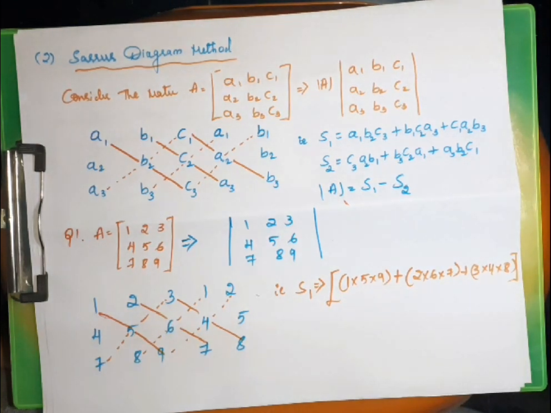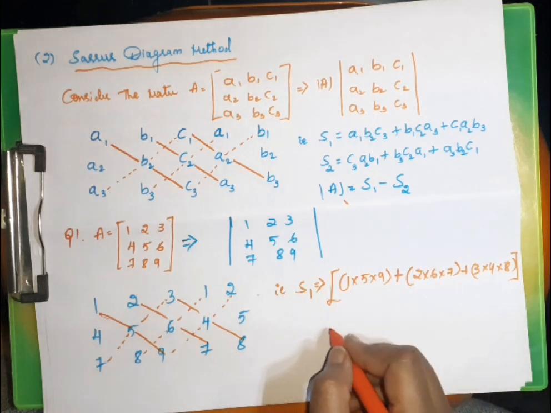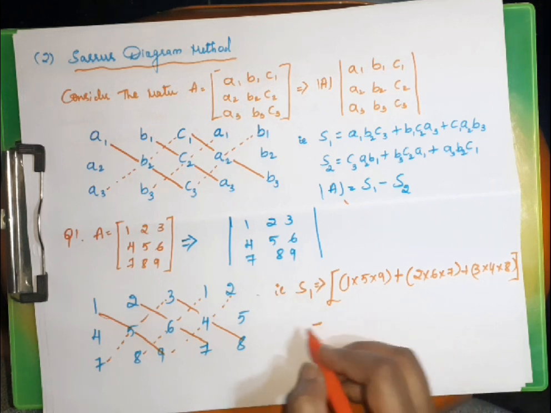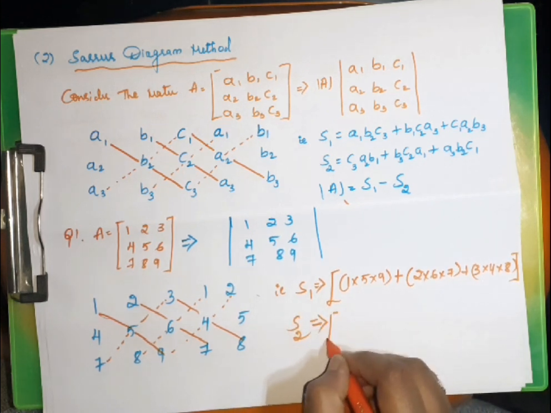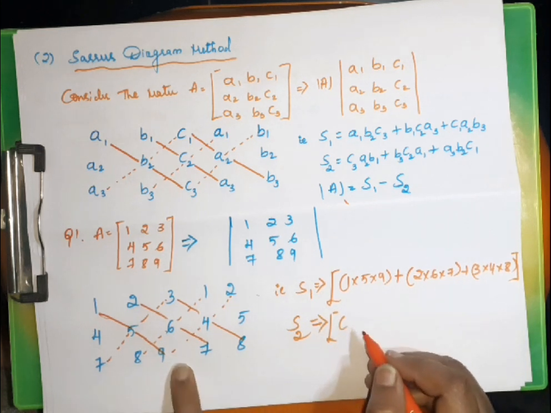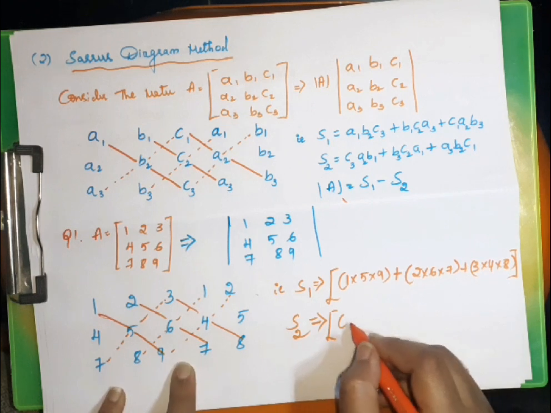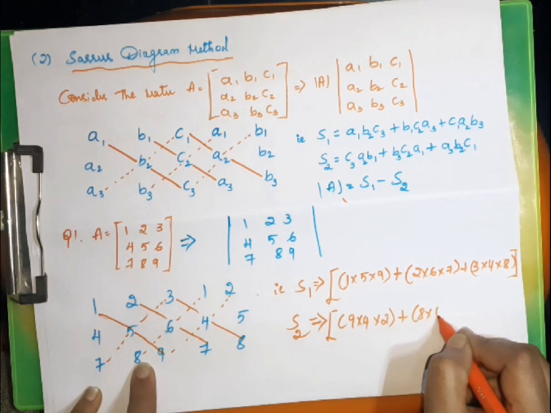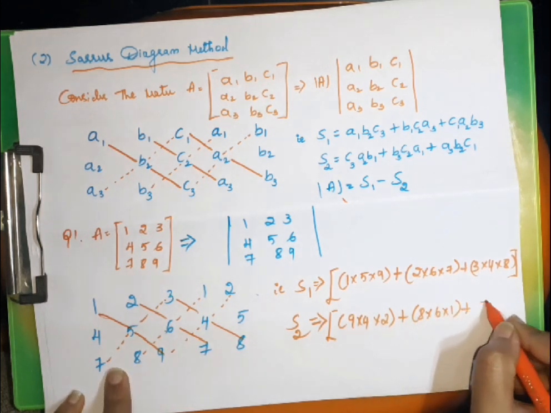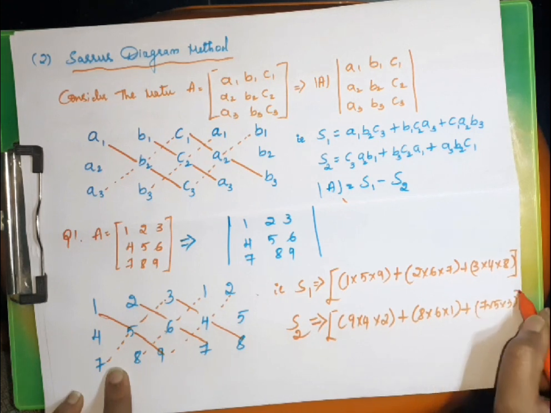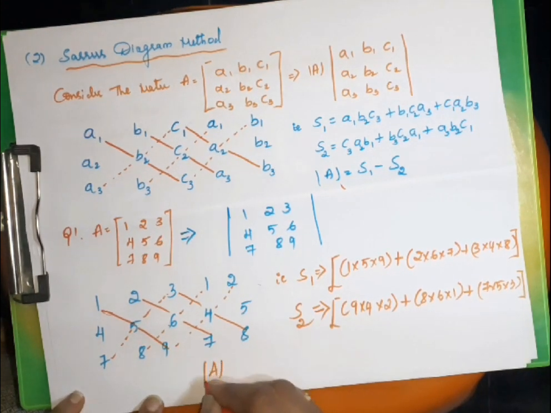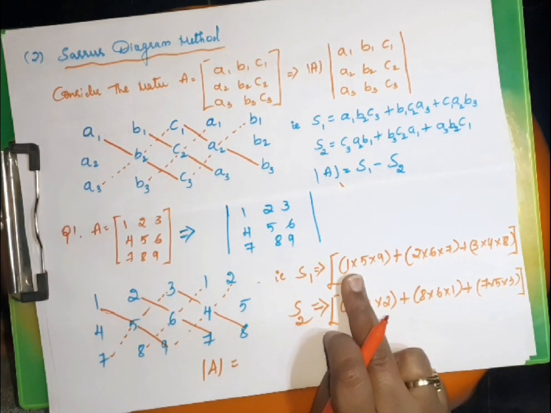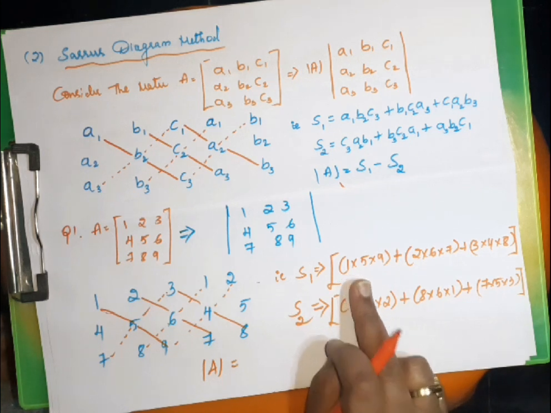This is S1 minus, I am doing it directly, S1 minus S2. Or else you can write S2 separately. So S2 is 9 into 4 into 2 plus 8 into 6 into 1 plus 7 into 5 into 3. So determinant A is equal to S1 minus S2. See, 5 into 1 is 5, 5 into 9 is 45.